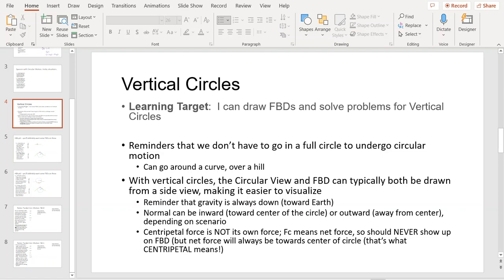A few reminders about the forces. Gravity. If we're on Earth, there's going to be gravity, and gravity is always going to be pointing down, as in toward the Earth. Normal force, remember that's going to be perpendicular to the surface, and that can be up, but it could also be down depending on if we're doing a roller coaster loop.